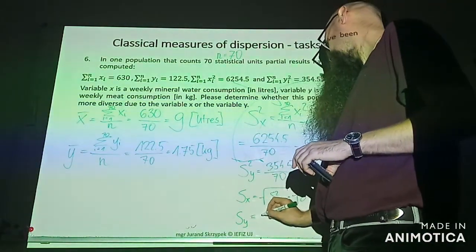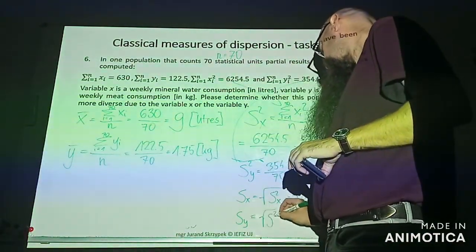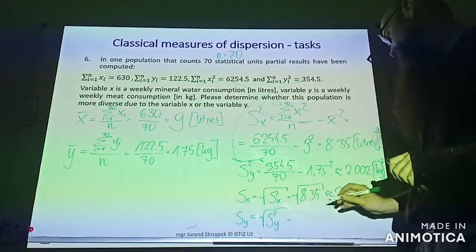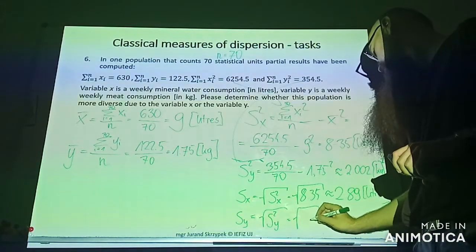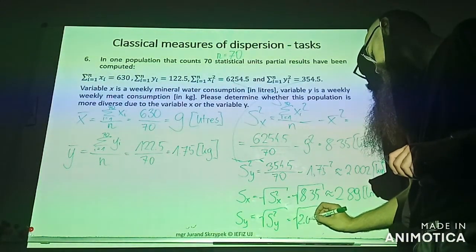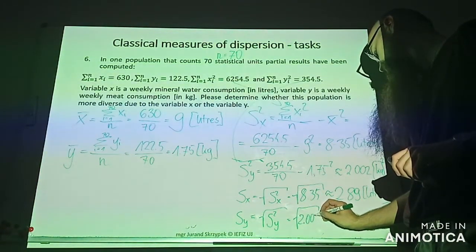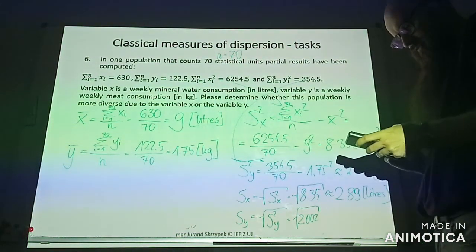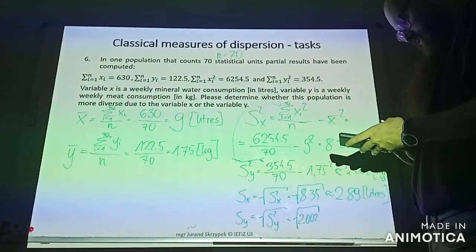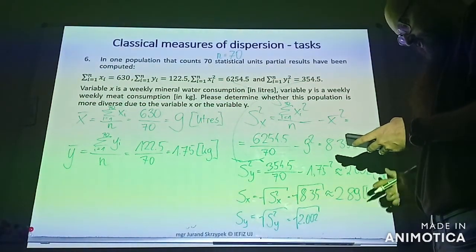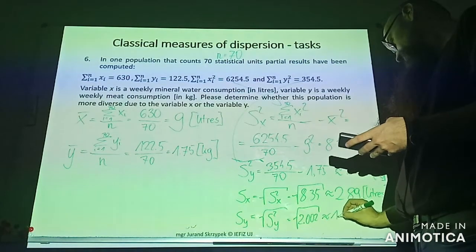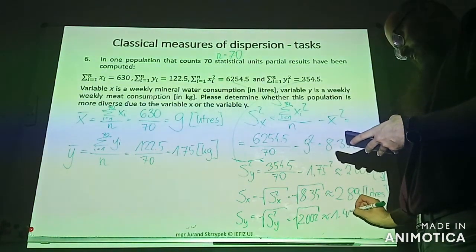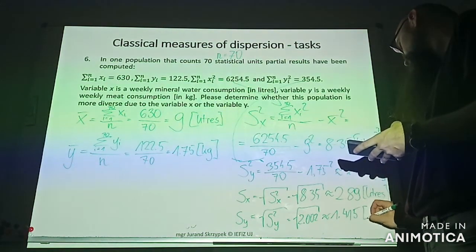And here we have the standard deviation of weekly meat consumption. It's the root of 2.002, a little bit above, and of course it's something around 1.415 kilograms.